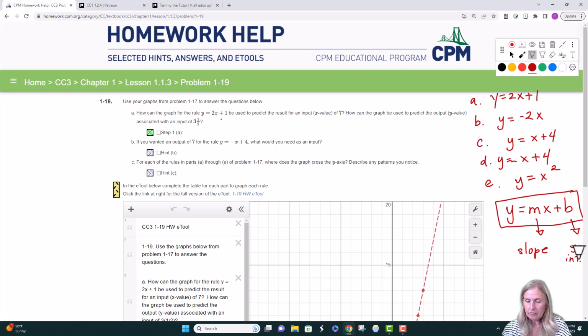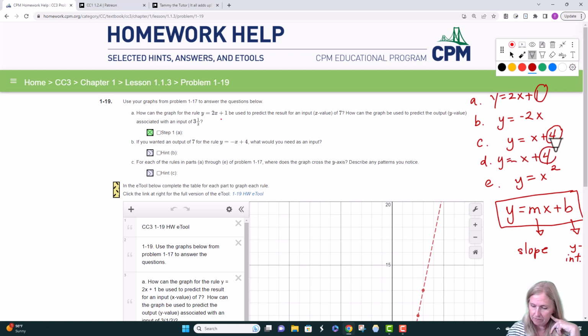Okay, so let's skip down to C for just a second. If this is patterned exactly after this one, and the y-intercept, or where the line crossed the y-axis, was the 1, what do you think that y-intercept would be for C, guys? Positive 4. Okay. Up here it was that 1. What do you think it would be for D?